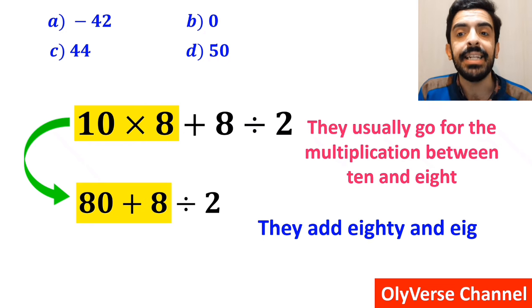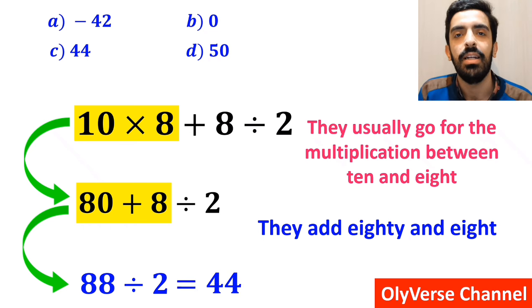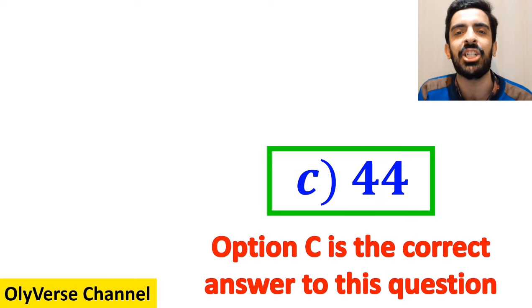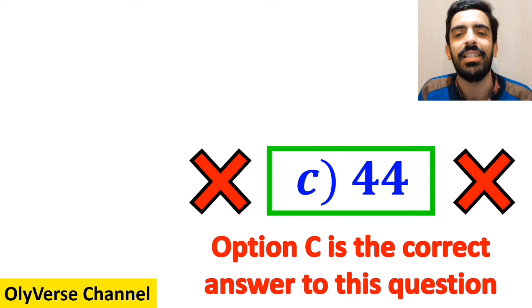Then, they add 80 and 8, and write this expression as 88 divided by 2, which finally gives them the answer 44. And without any hesitation, they quickly say that option C is the correct answer to this question. However, it's not the correct answer to this question.